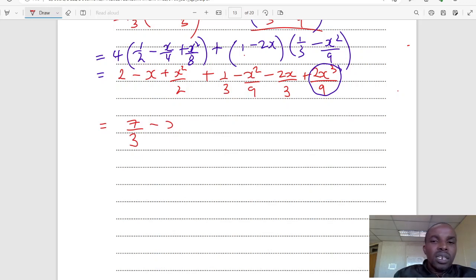So it's 1 plus 2 over 3, it's 5 over 3, so it's minus 5 over 3 x. Then the one with the squared is 1 over 2, that's half, then minus 1 over 9, is 7 over 18.